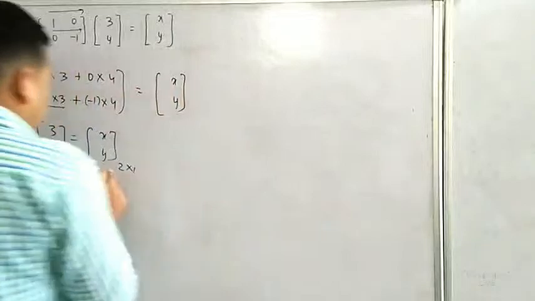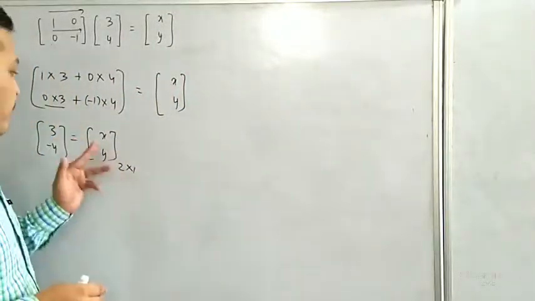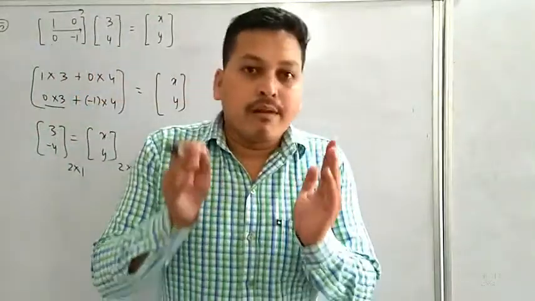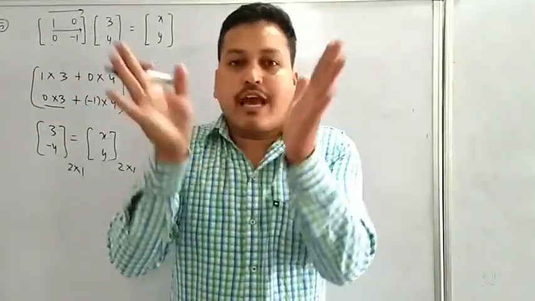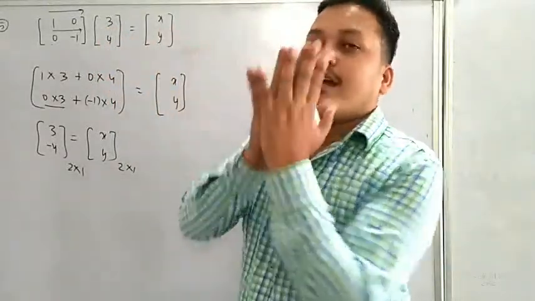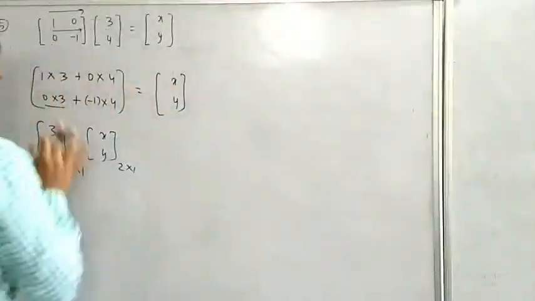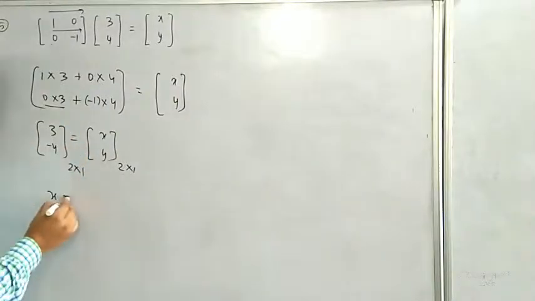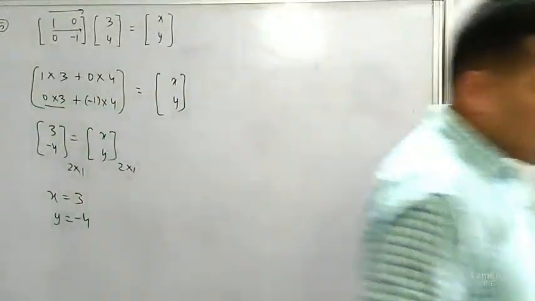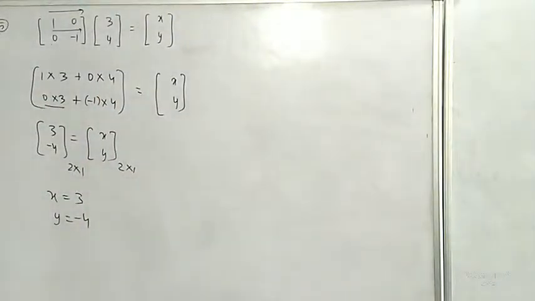It means the order is the same, so when we keep [x; y] over [3; -4], they will completely overlap each other. So finally x is equal to 3 and y is equal to minus 4 is the answer of this question. Hope you understand how we can calculate the value of x and y.